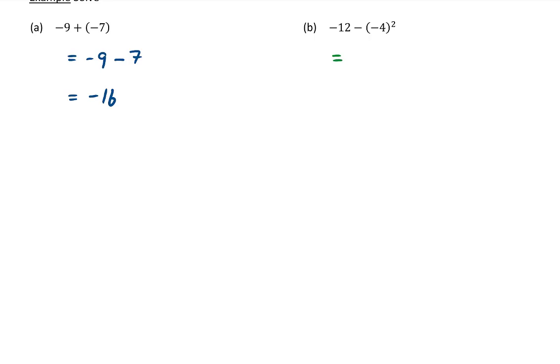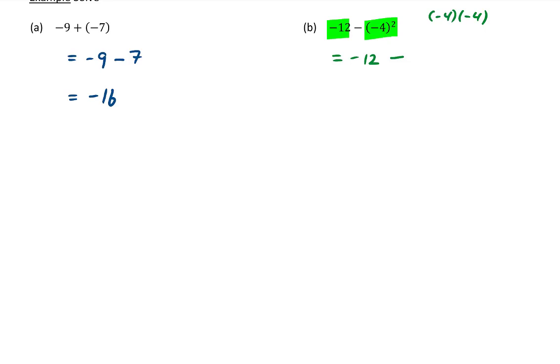So we have two terms here again, the -12 and the minus of -4 squared. So we're going to leave the -12 the way it is, and since we need to follow order of operations, we're going to deal with the exponent. And -4 squared, let's think about that for a minute, that's -4 times -4.